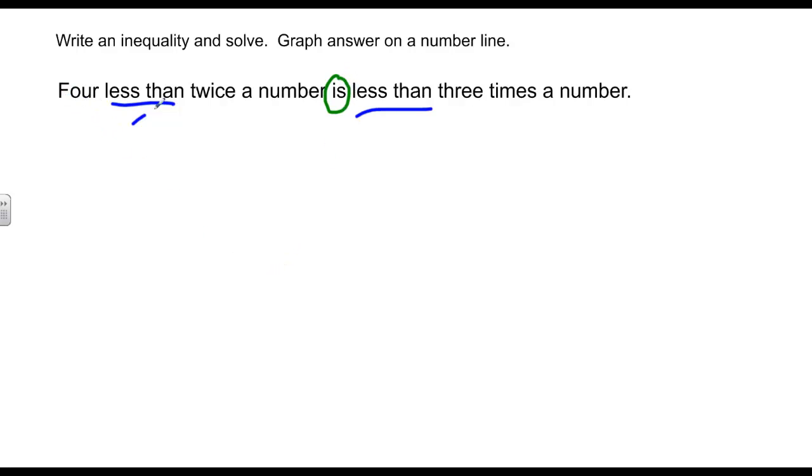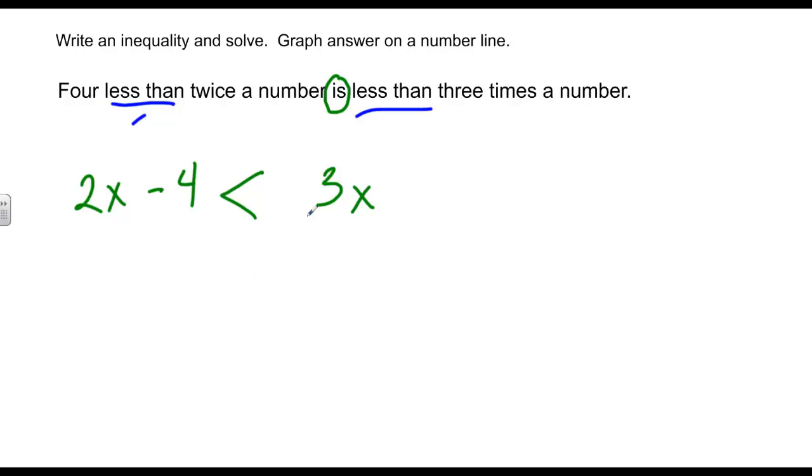If I say 4 less than twice a number, I'm talking about 4 less, so I'm talking about subtraction. Twice a number, we don't know the number, so we're going to call that x. And that term is less than. So if it's less than, the smaller part of the inequality is pointing towards that term, 3 times a number. So that's 3x.